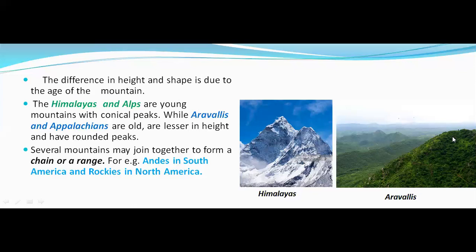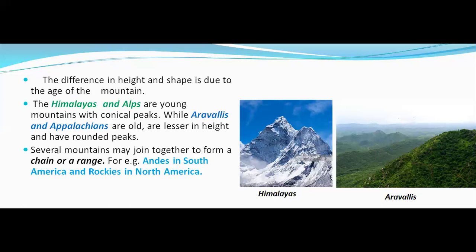The older mountains are also lesser in height and have rounded peaks. So, what are the young mountains, children? Examples for young mountains are the Himalayas and Alps, whereas the older mountains are the Aravallis and Appalachians.